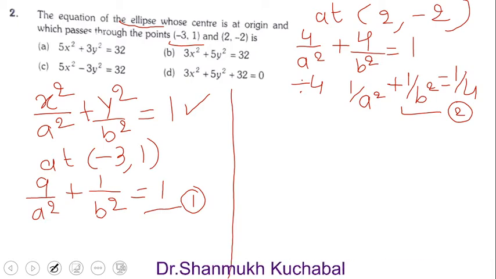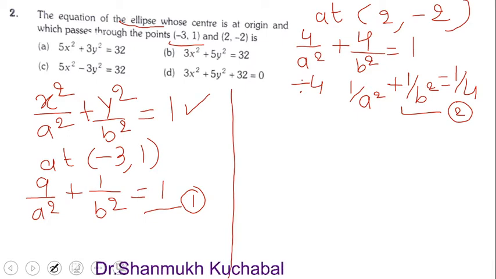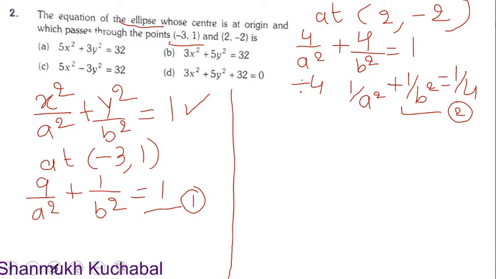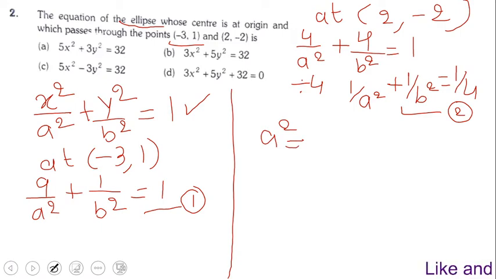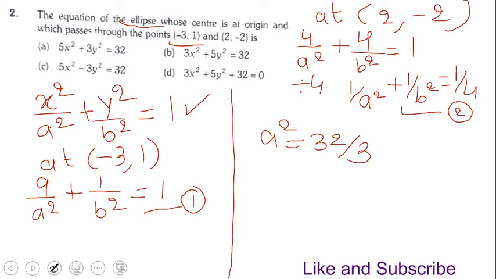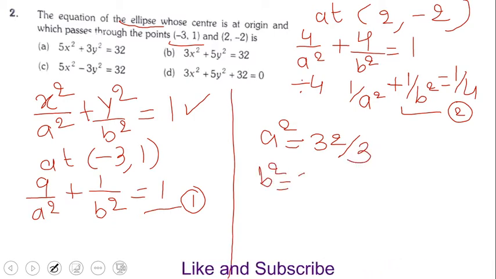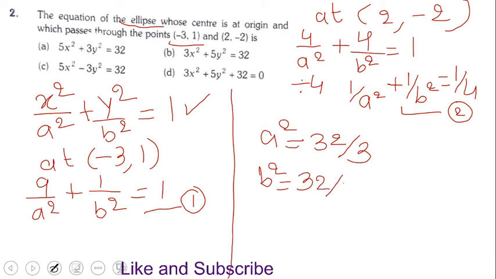The left-hand sides are the same, so we equate the right-hand sides to calculate a square and b square. Simplifying, we get a square as 32 divided by 3, and similarly b square is 32 divided by 5.